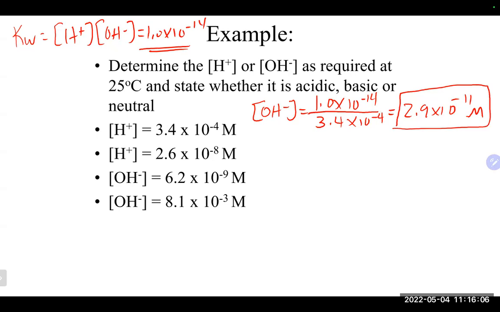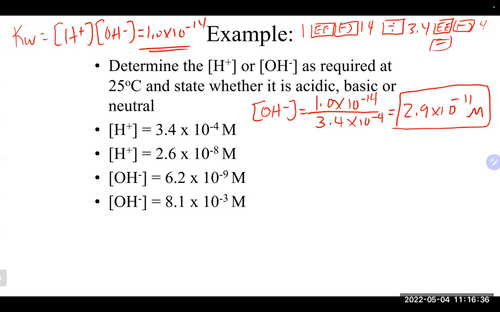First off, any questions on the calculation part? So once again, if you were to punch this in your calculator, 1 exponent button, negative button, 14, divide 3.4 exponent button, negative button, and 4 equals, that would be the way to punch that in.